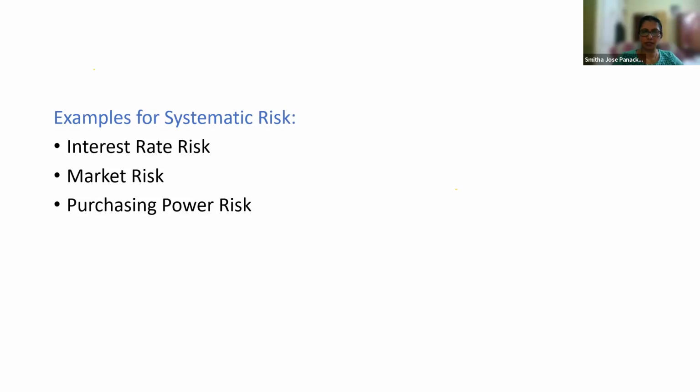I hope you got the examples of systematic risk: interest rate risk, market risk, and purchasing power risk. All these are uncontrollable. As an individual, we cannot do anything with respect to them. That's why it is known as uncontrollable and systematic risk. These risks affect the entire system. That's why it is known as systematic risk.